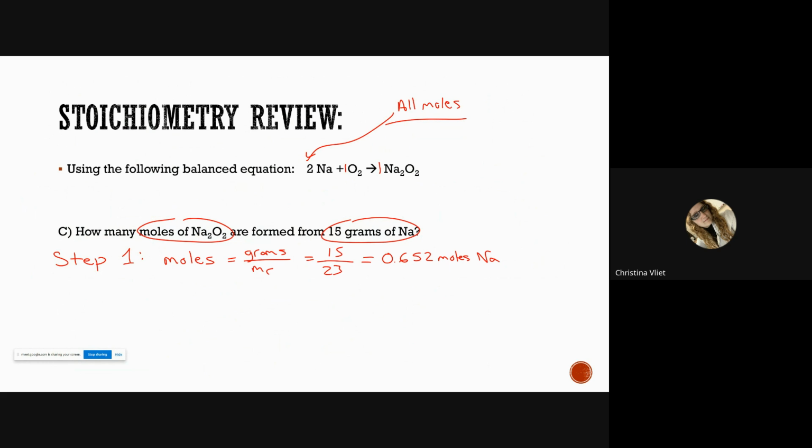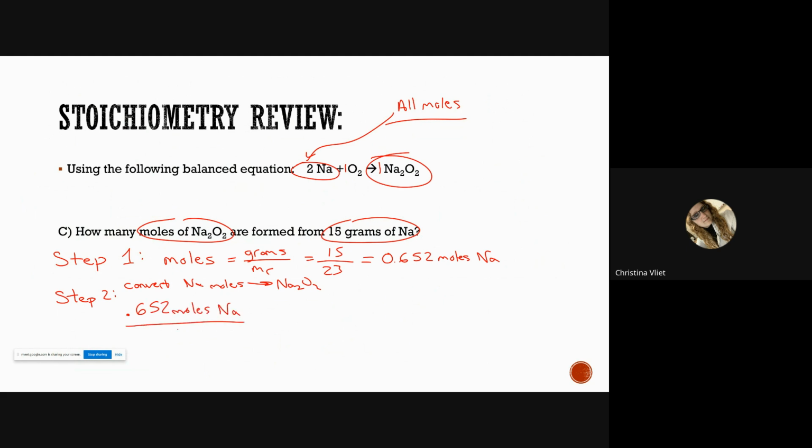So step 2 is to convert the Na moles to Na2O2, and you can either do this with the formula or you can do it intuitively. Either way is fine, but you've got to understand that it's 2 moles of Na for 1 mole of Na2O2. That's the recipe. I'm going to write it the traditional way, which is 0.652 moles of Na.